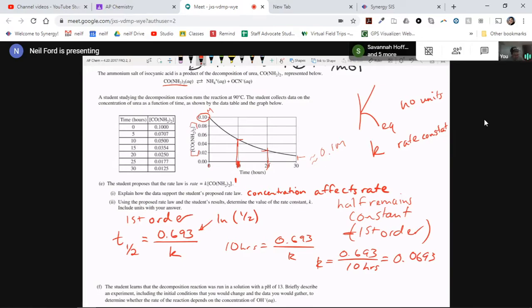So for this case, you look at this equation right here. The 0.693 on top is unitless. But since you used hours on the bottom, that has a unit in it. 1 over hours. So it's reciprocal hours. Yep, reciprocal hours.